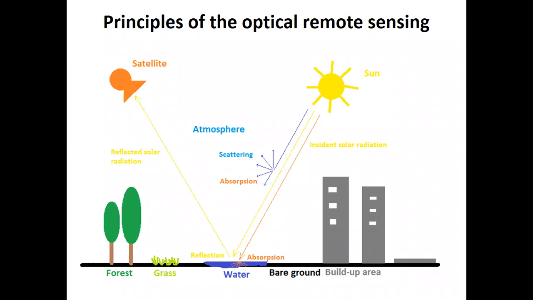So this is how satellites could learn something about the Earth's surface. They mainly detect the sunlight reflected from the surface.